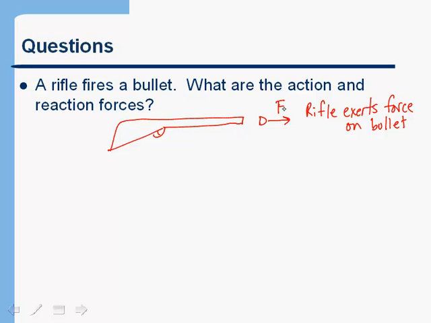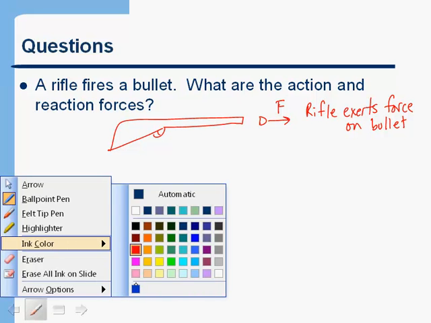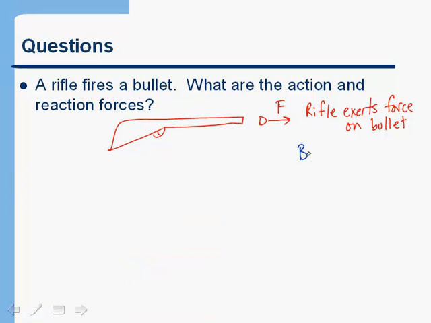So there's one force. But the bullet has to exert an equal and opposite force on the rifle. And so that force would be back in this direction. And those forces are equal and opposite.